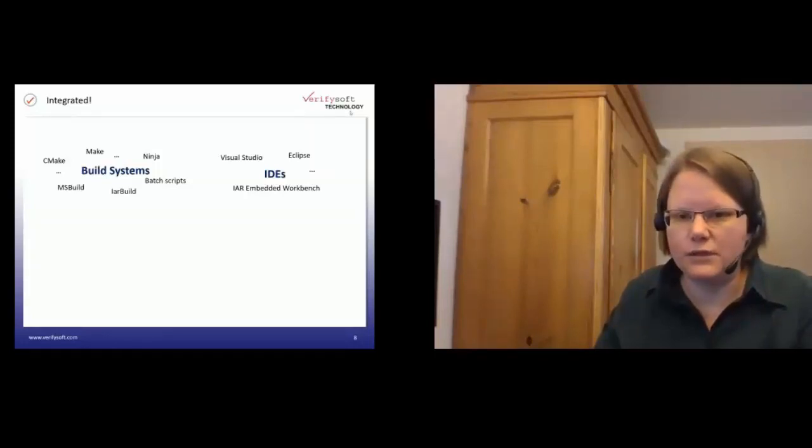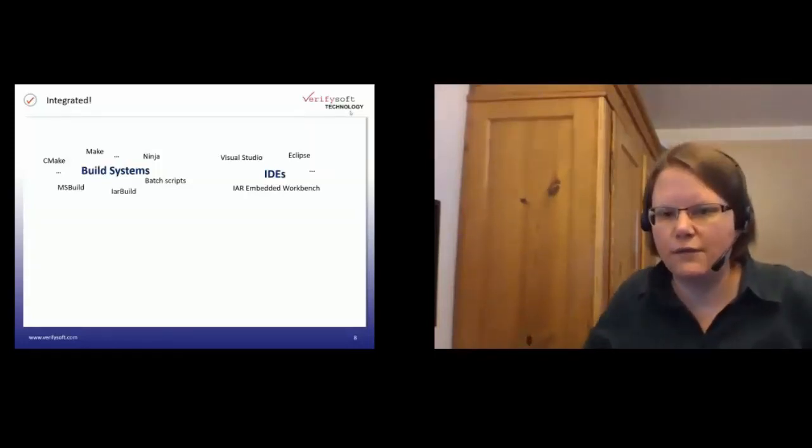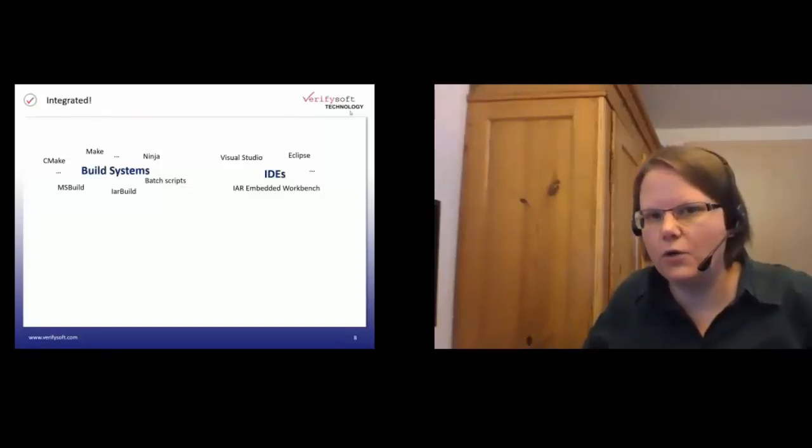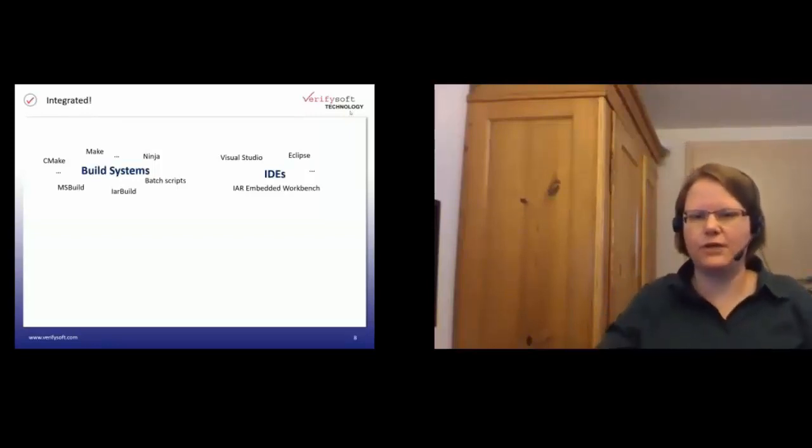That also is true for IAR Embedded Workbench. We have several IDEs that you can on your own configure the easy use of CTC++, like Eclipse, for example, and so on.